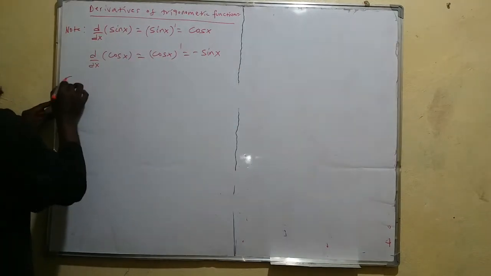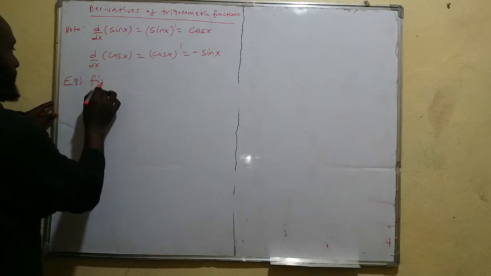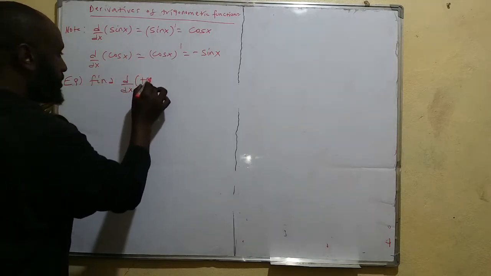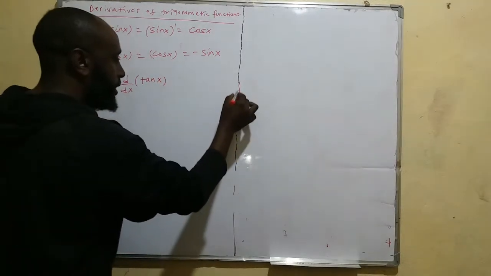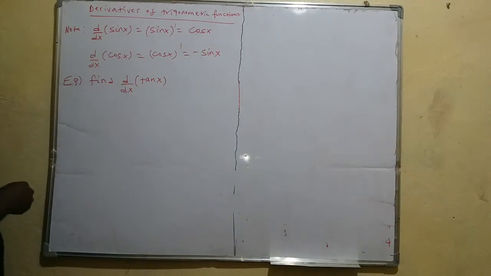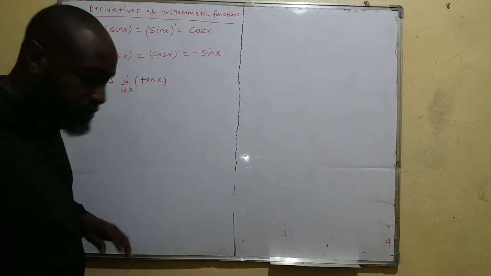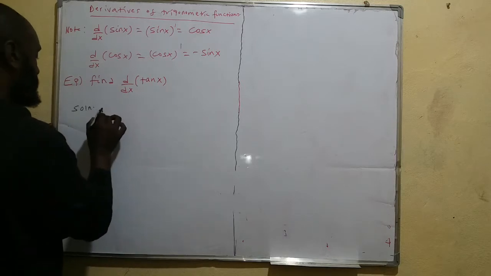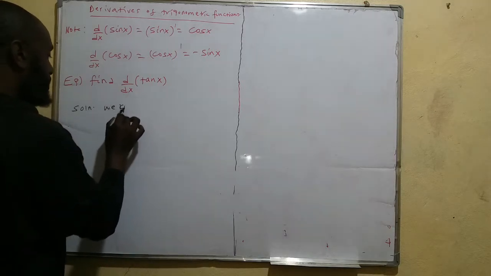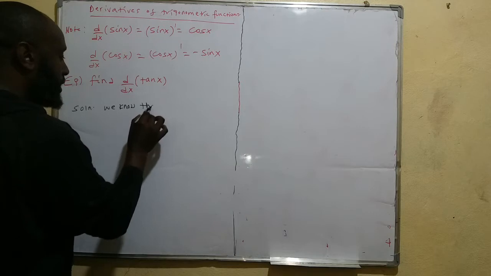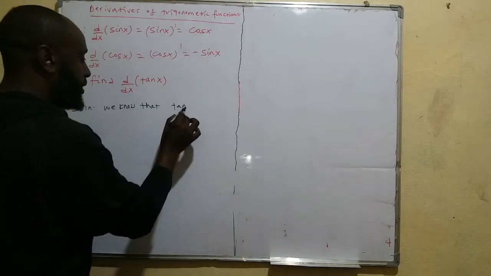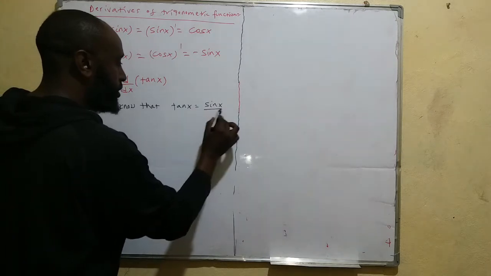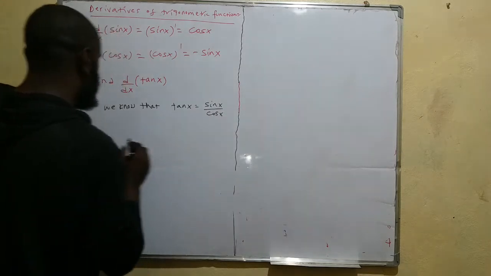So example. Find d by dx of tan x. Let's see the solution. We know that tan x is equal to sin x over cos x.